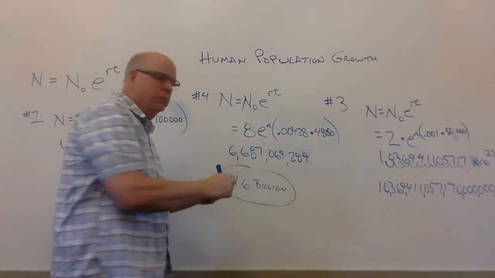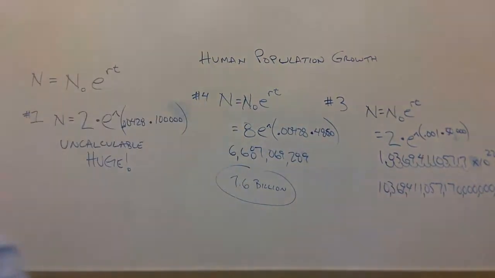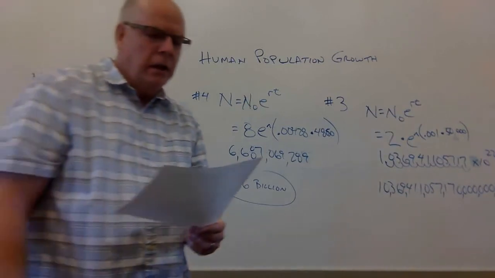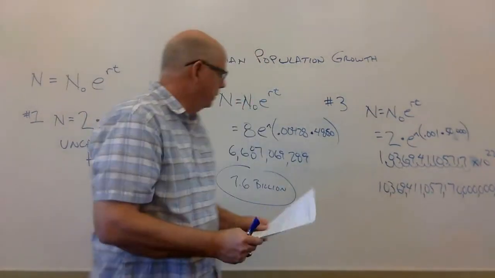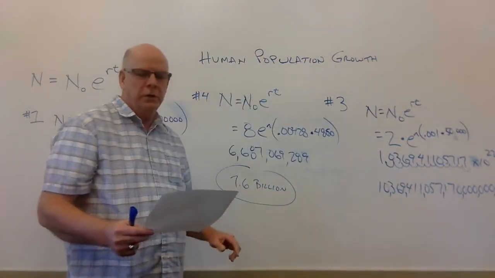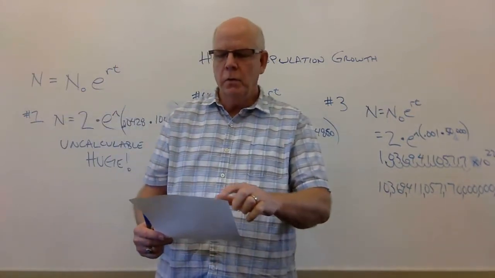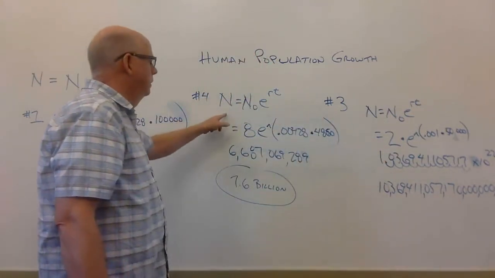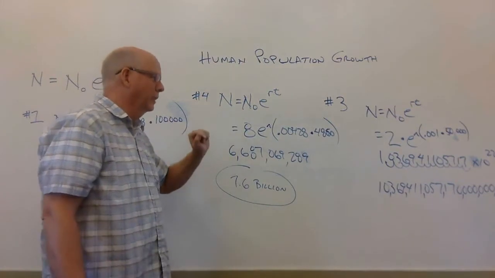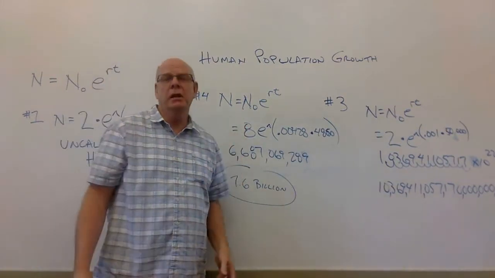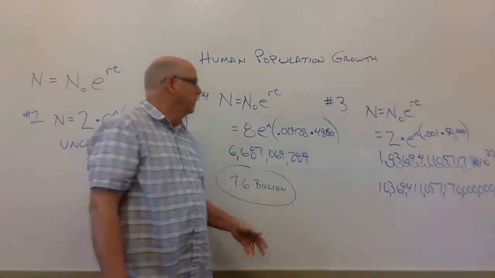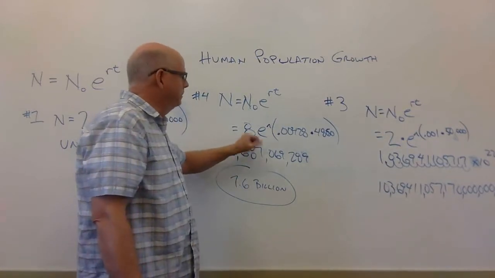Let's figure out what scenario number 4 is. Okay, so there's a place on there for you to put the current population. It's about 7.6 billion, okay? And so what is this scenario number 4? Can anybody tell me what that scenario is? And I wish I could get responses from you here. But why are we starting with 8 people?